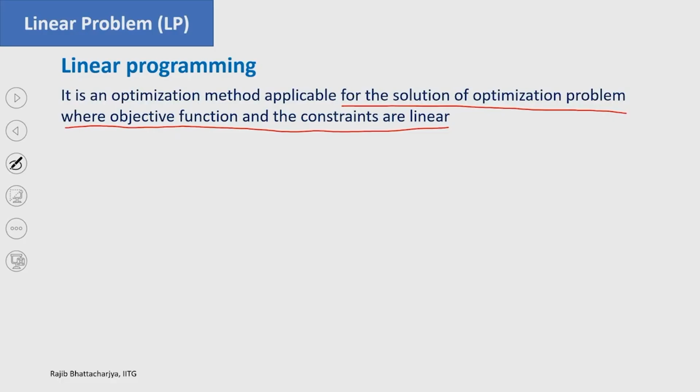It is an optimization method applicable for the solution of an optimization problem where the objective function and the constraints are linear. Okay. As I said, both the objective function and the constraints should be linear. In that case the problem is known as a linear problem, but the solution procedure, the optimization method, is called linear programming.